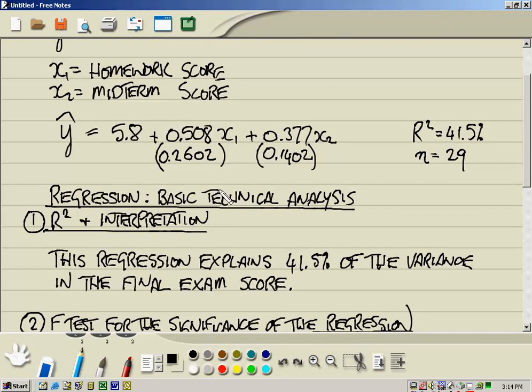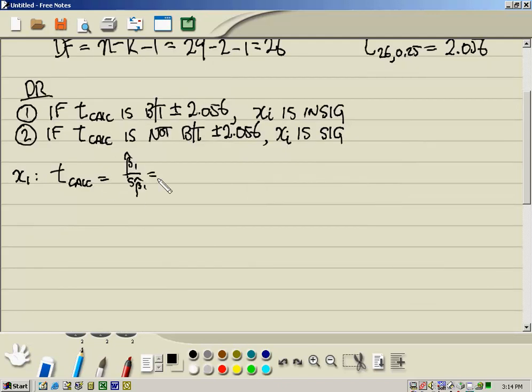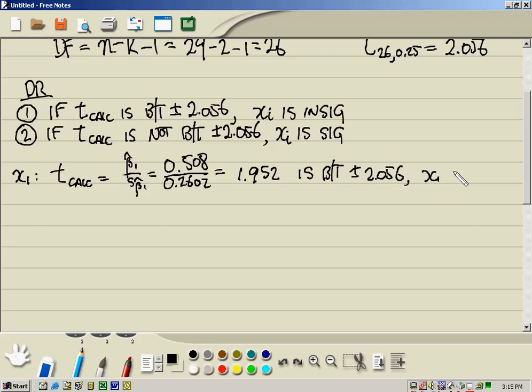Going back to this, it's 0.508 divided by 0.2602, and that's 1.952 or thereabouts. That clearly is close to 0. It's between plus and minus 2.056. So x1, the homework score, is insignificant, and does not significantly help explain the y variable.